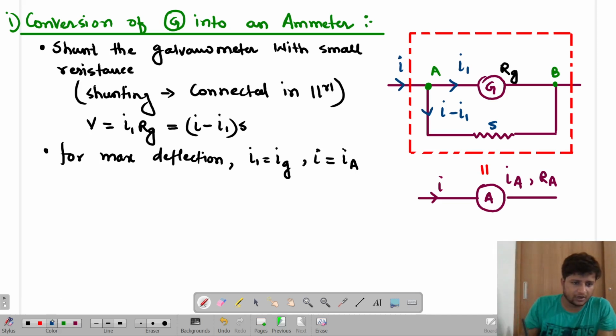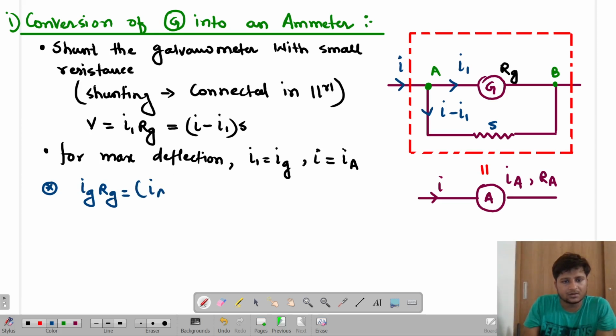So therefore, I got my first relation. I1 is equal to the galvanometer current Ig into the resistance of the galvanometer, which is equal to (I, my ammeter current, minus I1) into my shunt S. Here I1 is once again Ig.